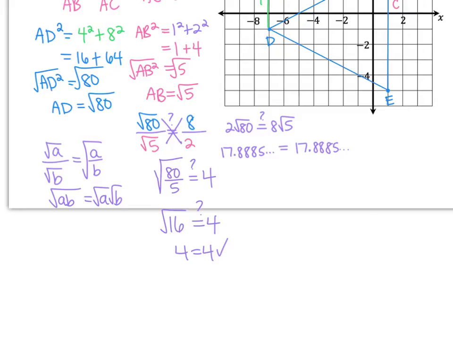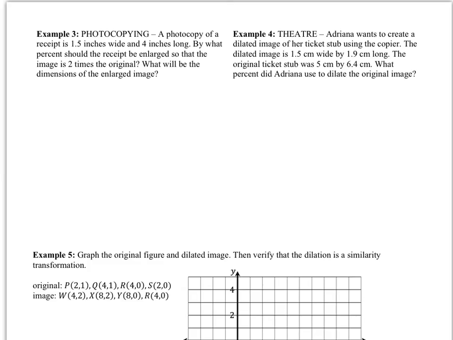All right, let's do a few more examples here. To the next page. Example 3, photocopying. A photocopy of a receipt is 1.5 inches wide and 4 inches long. By what percent should the receipt be enlarged so that the image is 2 times the original?